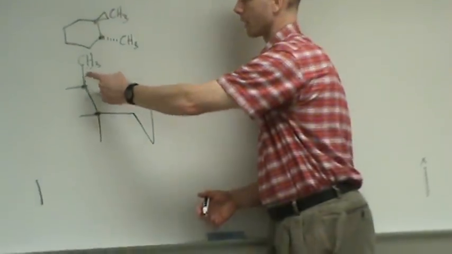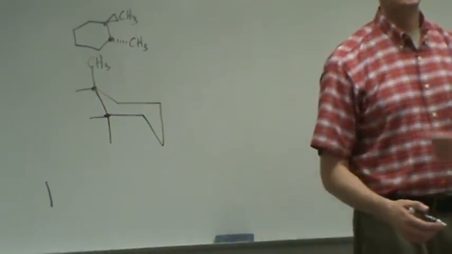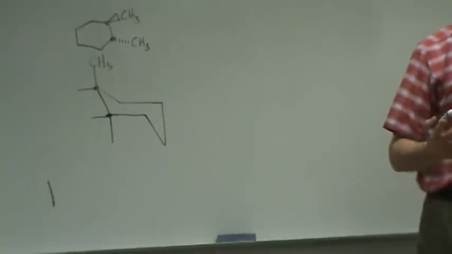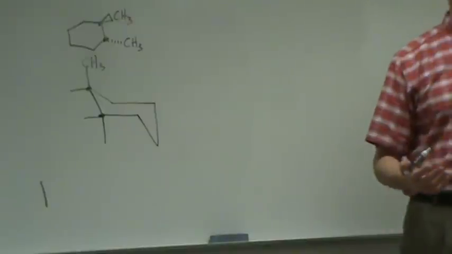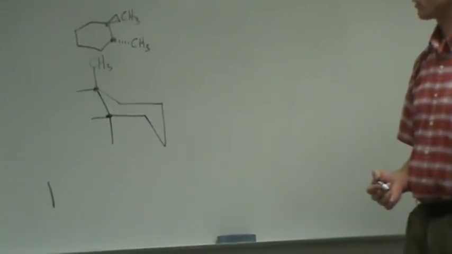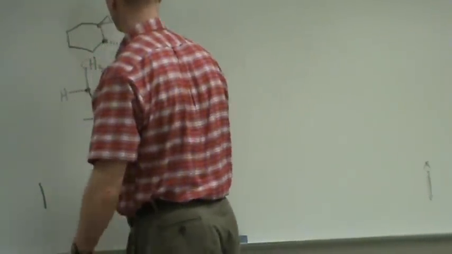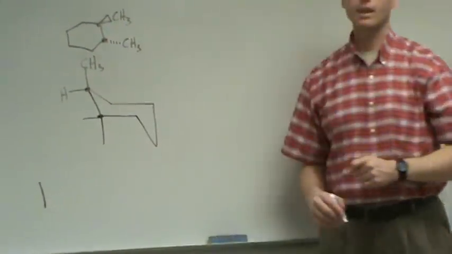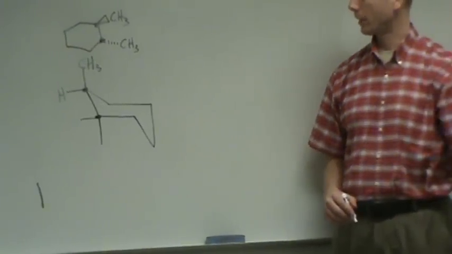I could have put it on the equatorial position. I just like to first of all start it off axial. It doesn't matter though. Okay? But let's be consistent and put it there. Okay? So it also has the hidden hydrogen, so we'll put it there on the other bond.